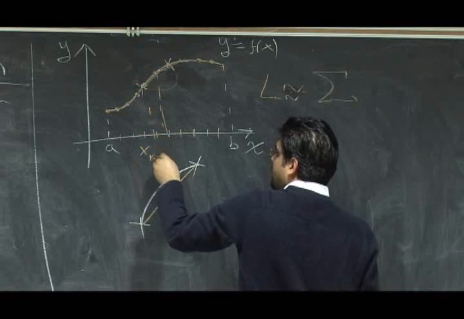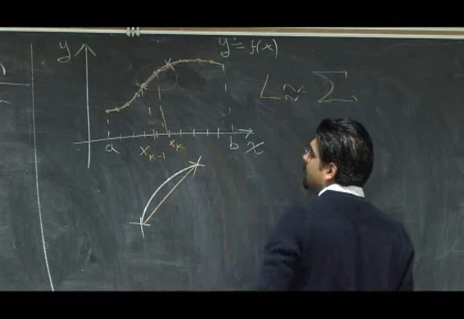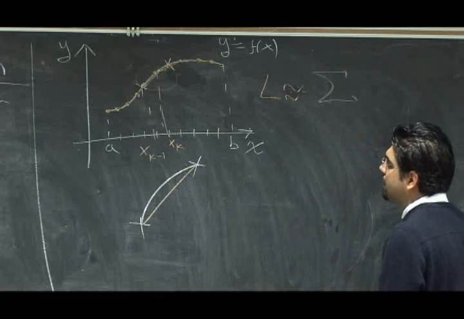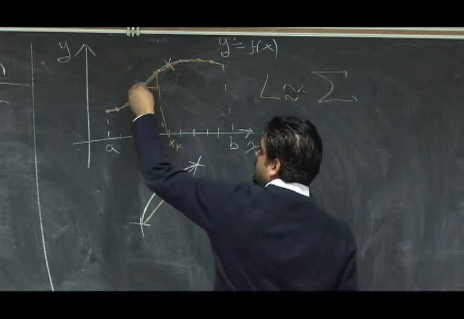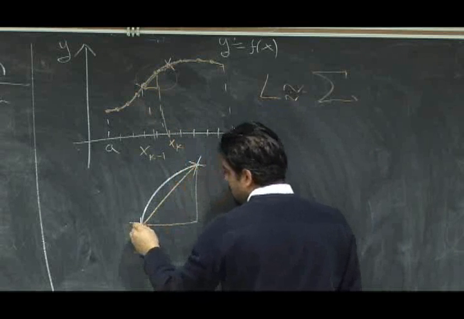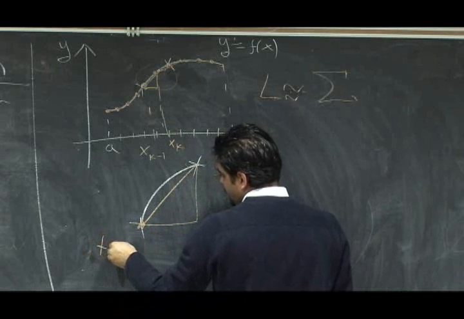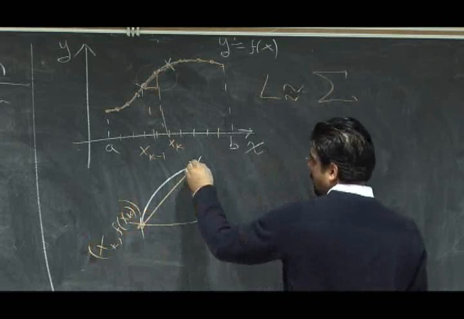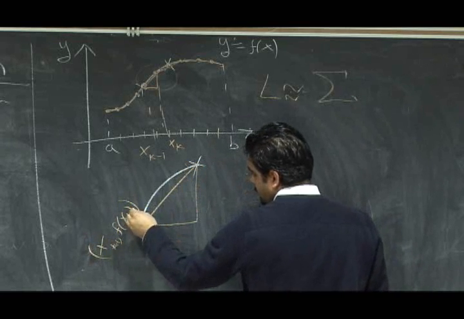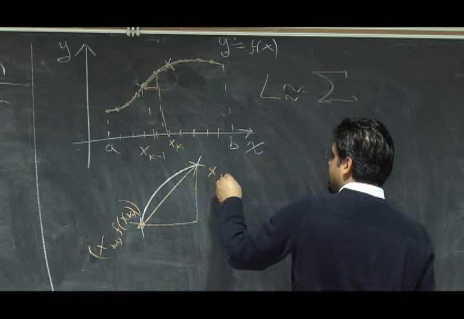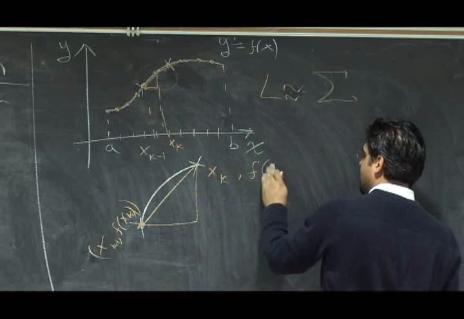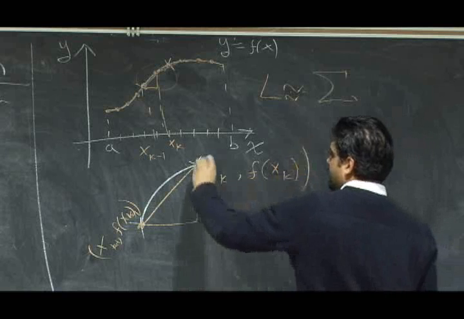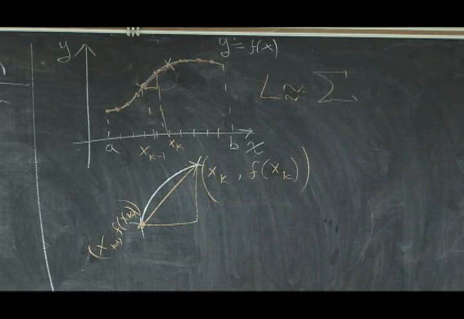Let's say this is x sub k minus 1 and this is x sub k. Then to get the length here, we can consider this triangle. This point is x sub k minus 1, f of x sub k minus 1, and this is x sub k, f of x sub k.